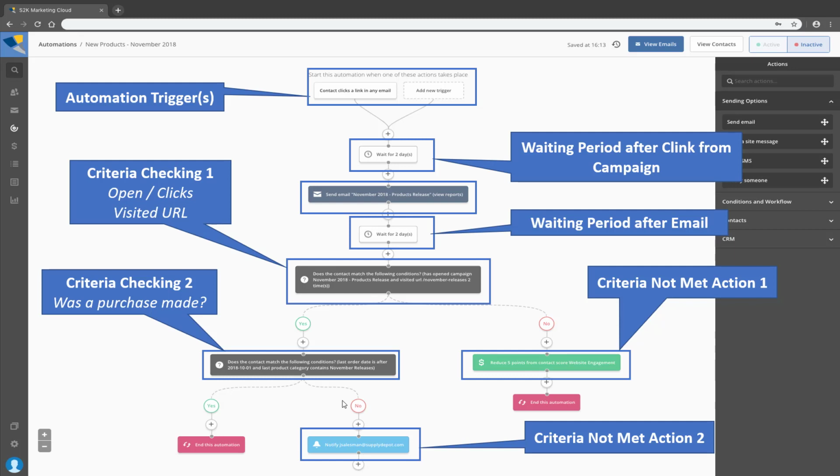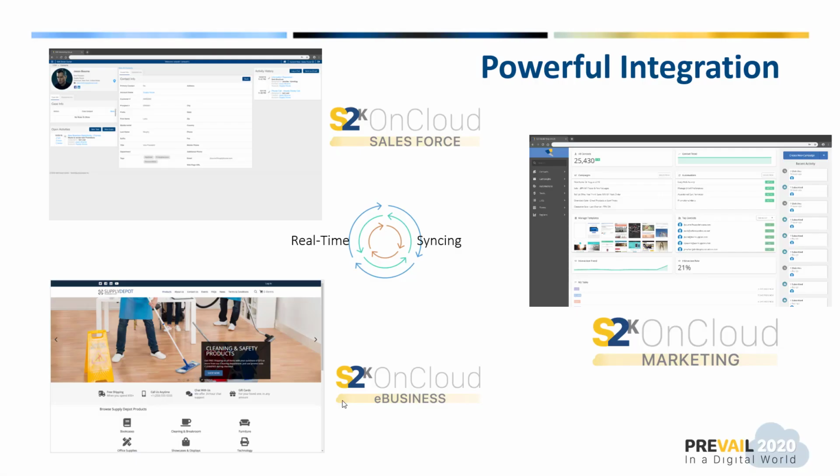Or if they do buy, let's say they did buy, maybe you'll send them an automatic email about accessories they can get with that printer. Okay, so there's a lot of great things you can do through marketing automation to really keep yourself in front of these leads and prospects and customers automatically without having to constantly send out emails based on their behavior.